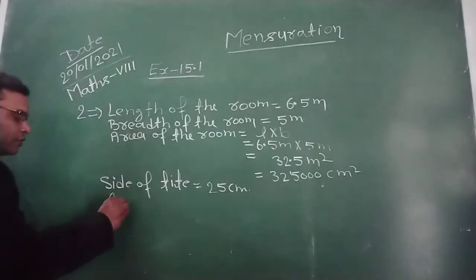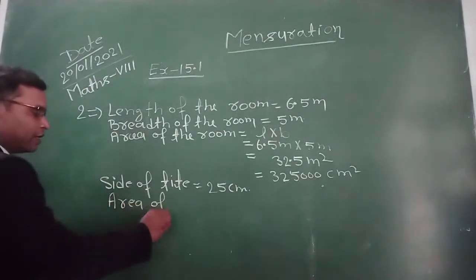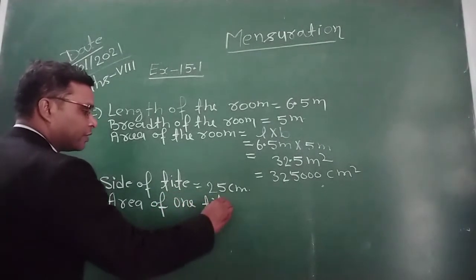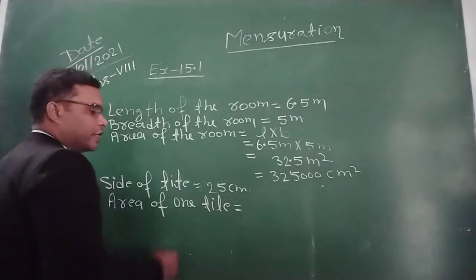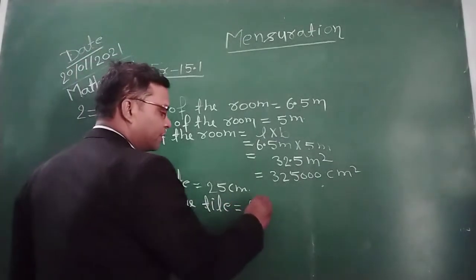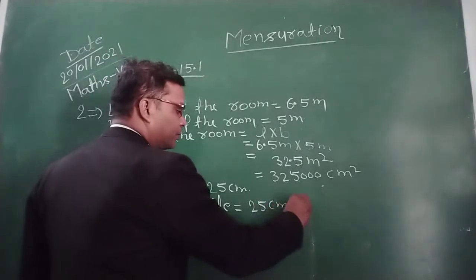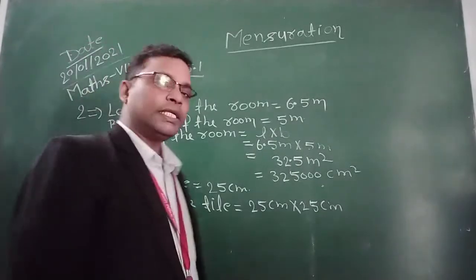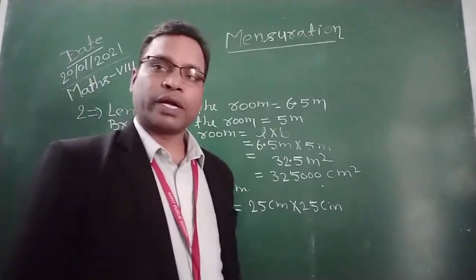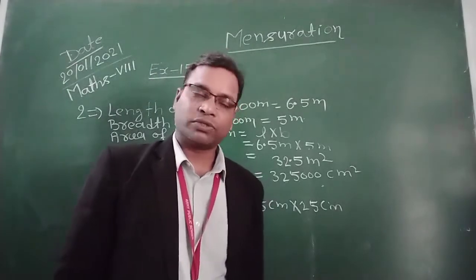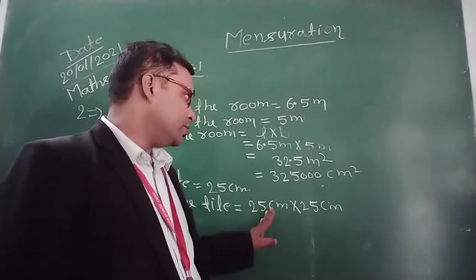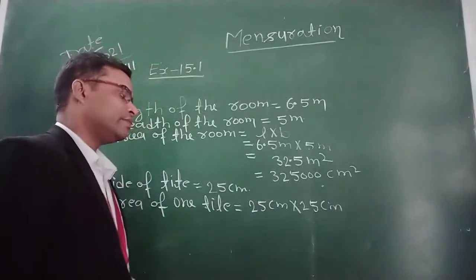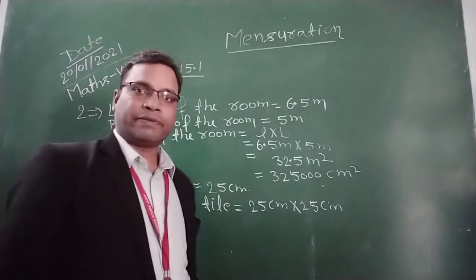Area of one tile is equal to side into side, 25 centimeter into 25 centimeter. Because you know very well this tile is the shape of a square, so area of a square tile is equal to side into side, which is 25 into 25. This is clear?